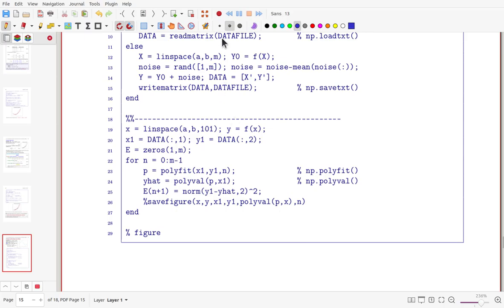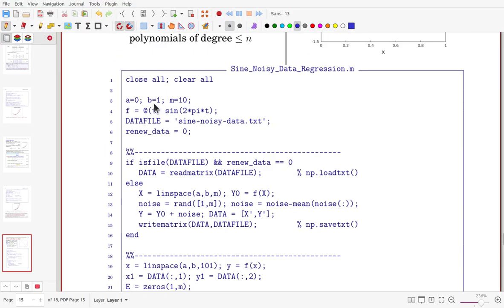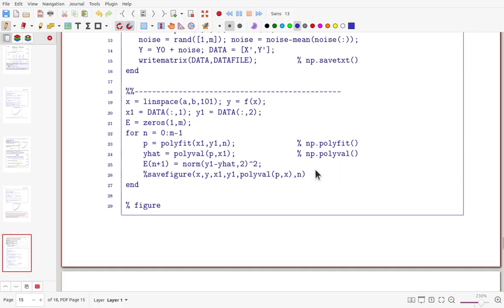Okay, this is about data creation and data reading. Then from the data set, the x component and y component are separated, and the degree moves from 0 to m-1, where m is 10, so degrees from 0 to 9, and we try to make polynomial fitting.